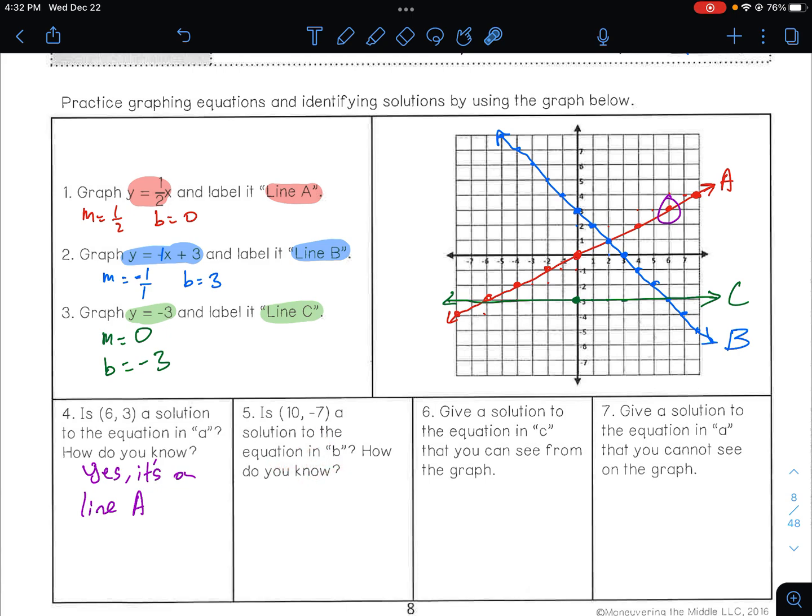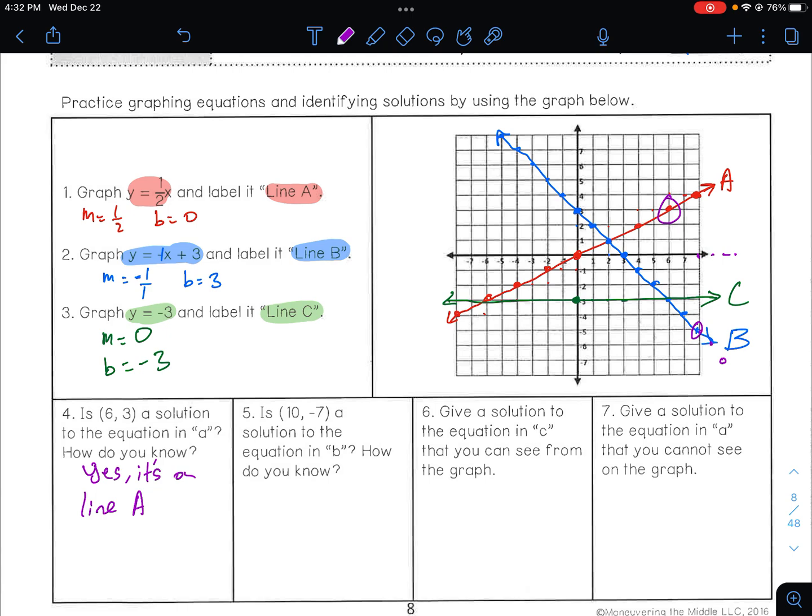Is 10, -7 a solution to the equation in B? How do I know? 10, negative 7. Where is 10, negative 7? 10 over here, I guess. This would be 8. This would be 9. This would be like 10, I guess. Negative 7 would be like down there. If I kept going down, this point right here is like 8, negative 5.